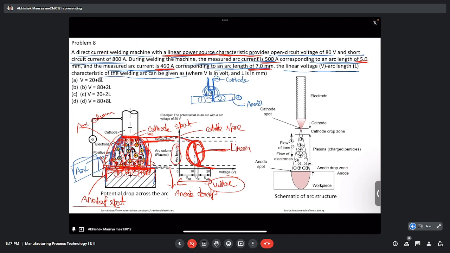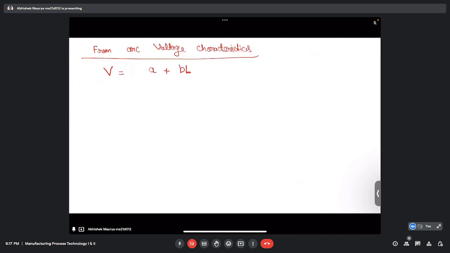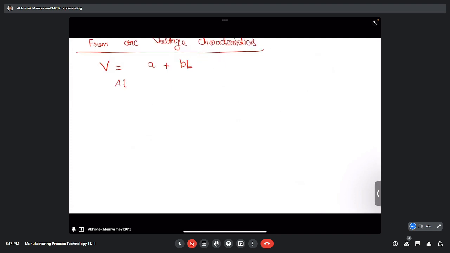So basically we have two boundary conditions for this equation, which we will write down. At arc length L equals 5 mm, the current value was 500 amperes.